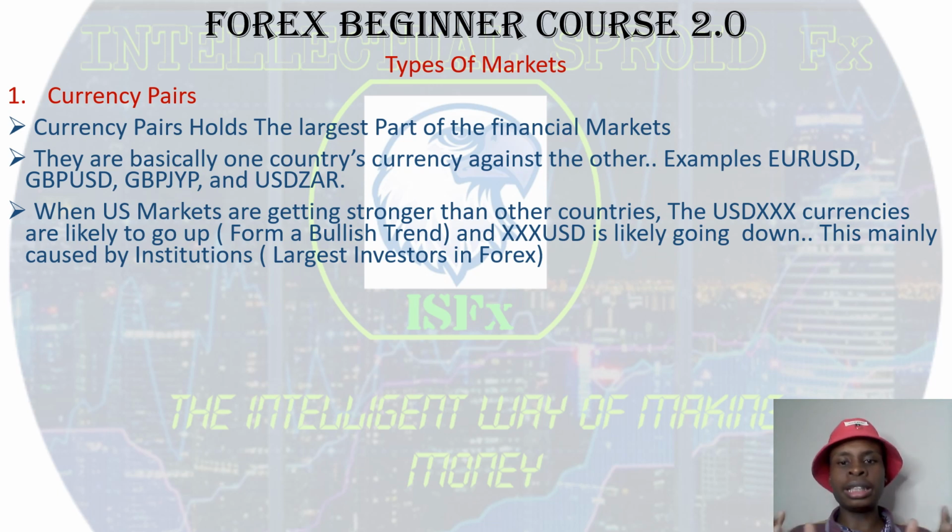Because usually we, the retail traders, tend to make lots of noise in the forex markets. That's why the market is not concise. It just goes in different positions. It has to grab some liquidity before it can go through a real trend.